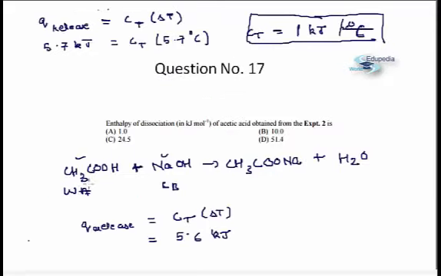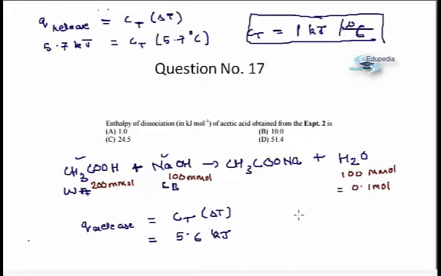That means I have 200 millimoles of acetic acid, and I have 100 millimoles of NaOH, and this is going to form 100 millimole, that is 0.1 mole of water. So this is the amount of heat released for 0.1 mole of water.